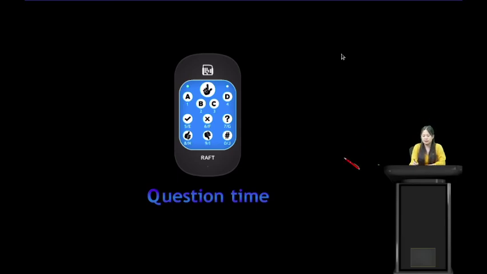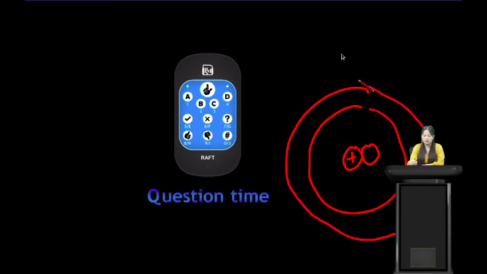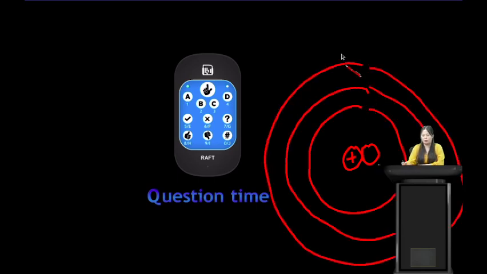So we have discussed that in the structure of the atom, the nucleus contains positively charged particles and neutral particles known as neutrons. These make up the nucleus, and the electrons revolve around this nucleus in defined orbits. So this is what the structure of the atom looks like.